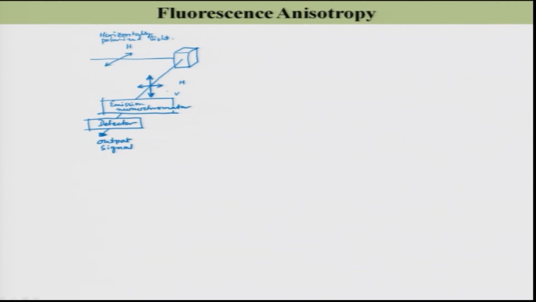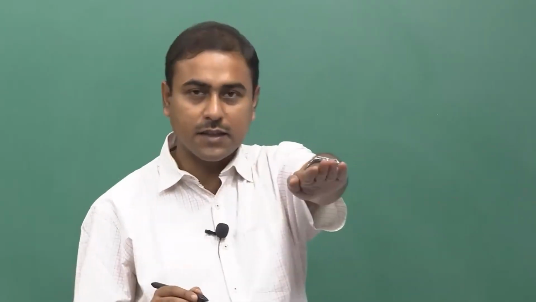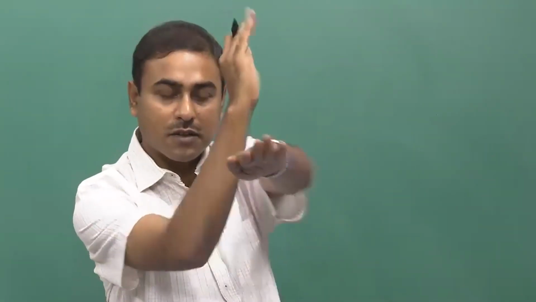So, towards this horizontal excitation, this vertical V is I perpendicular. It is exciting like this, and this kind of emission is perpendicular.